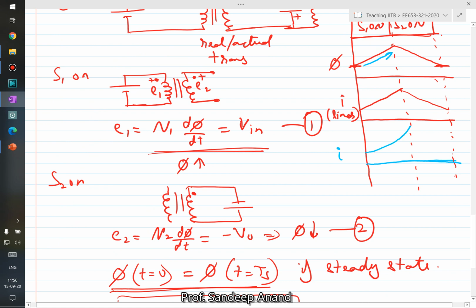So the current shape would look like this, and then the reverse happens as you reduce flux and come down to zero. So this is how your current would look if you are considering a non-linear BH curve. In practice, the BH curve is obviously non-linear, so you would see a current peaking a little in between and then settling on both sides.